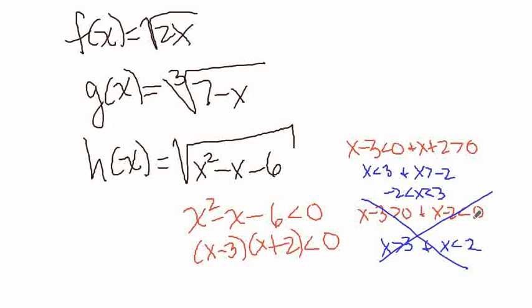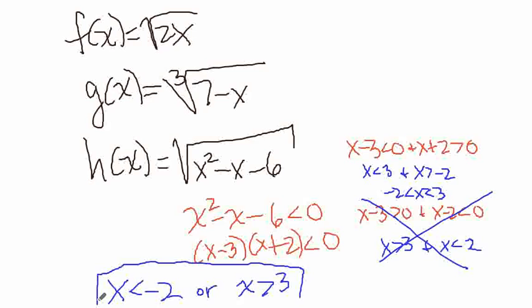So we have to avoid x being in between minus 2 and 3. So the domain for h is that x has to be less than minus 2, or x has to be bigger than 3. That's how you play that game regarding domains.